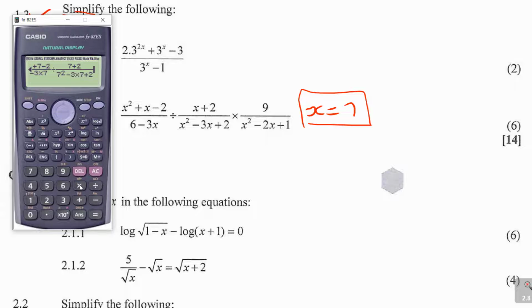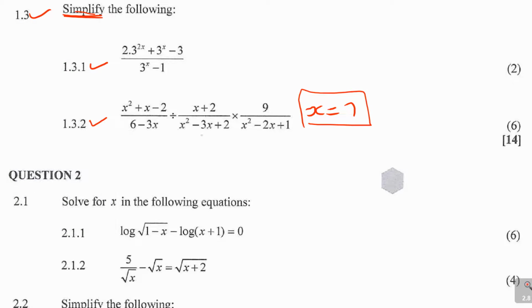And then times again 9 over 7 squared minus 2 times 7 plus 1. Remember we got minus 3. So if I say equal to, you see it giving me minus 3. It doesn't matter whatever number, it will always simplify to that.